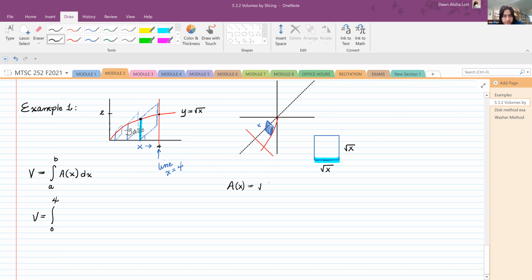Great. It becomes the square root of x times the square root of x, which is just x. So this x goes in here, dx. I integrate that, I get 1/2 x squared, evaluate it from 0 to 4, and my answer is 8. Okay, done. That's example 1.